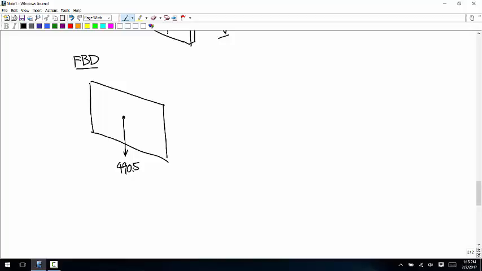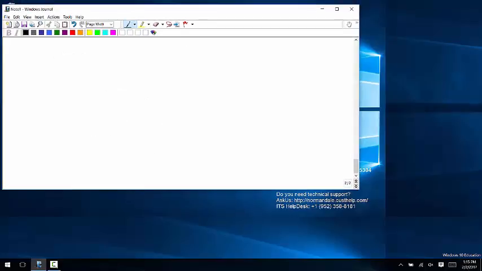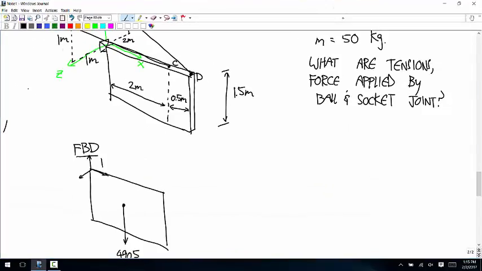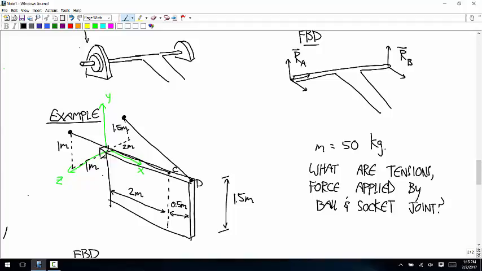What kind of loads are applied by a ball and socket joint? Yep, just a force vector. So let's see. Yeah, I forgot to name all these joints. That'll make it easier to follow this.